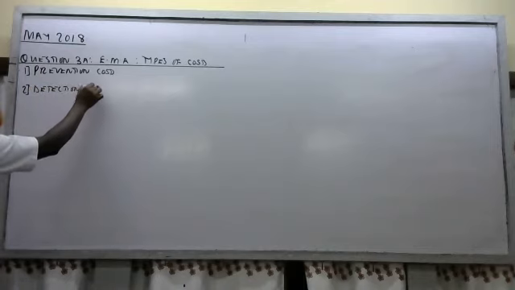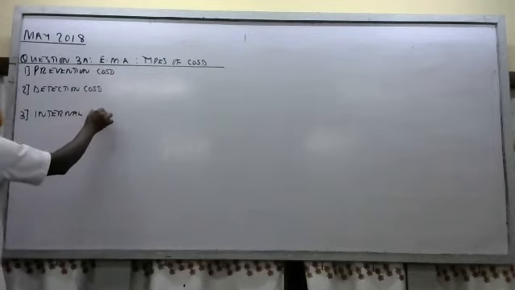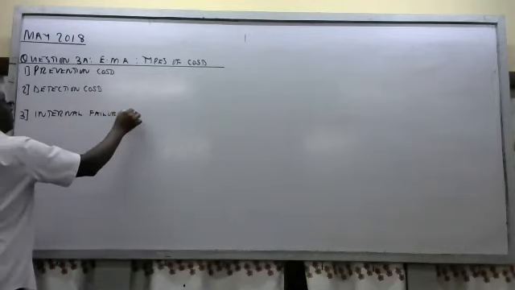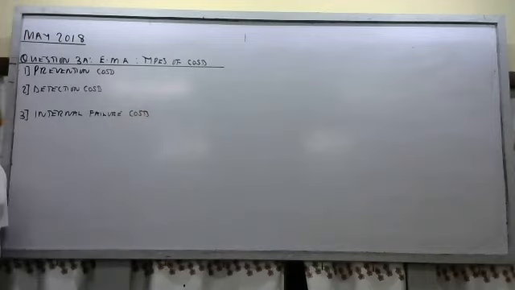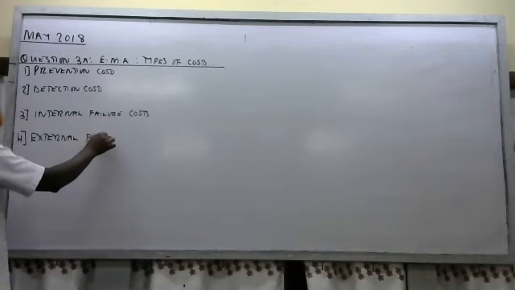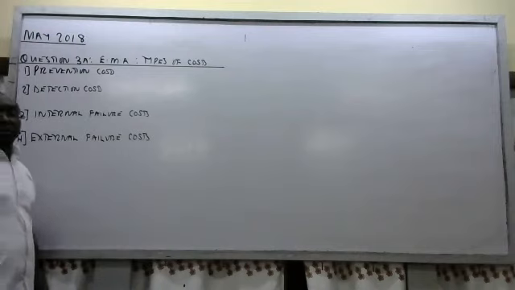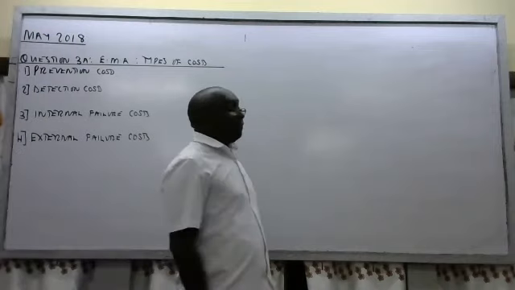Number 3 is internal failure costs. Number 4 is external failure costs. So those are enough.